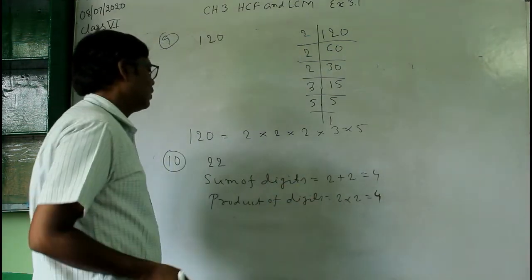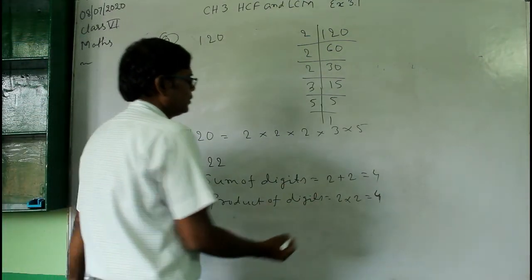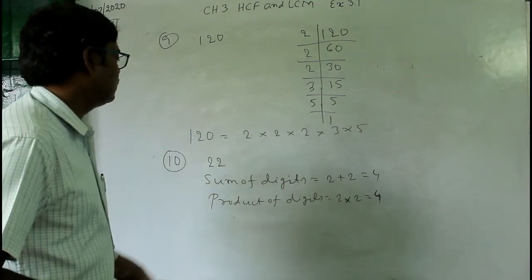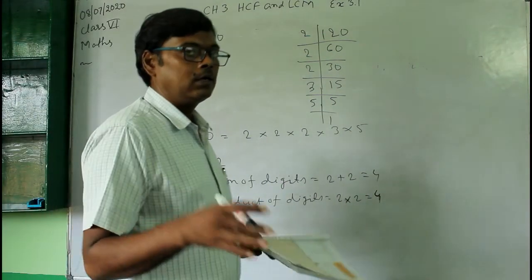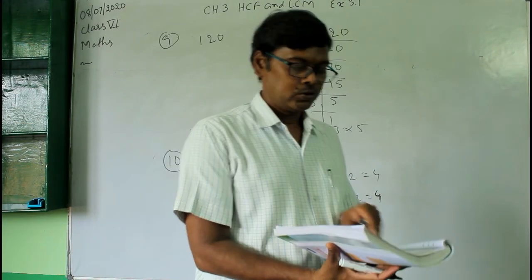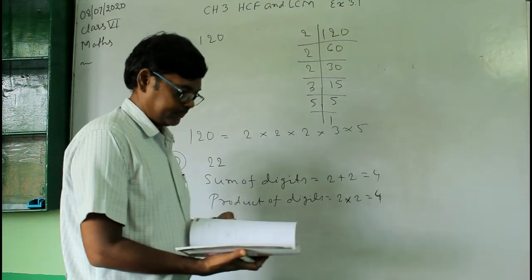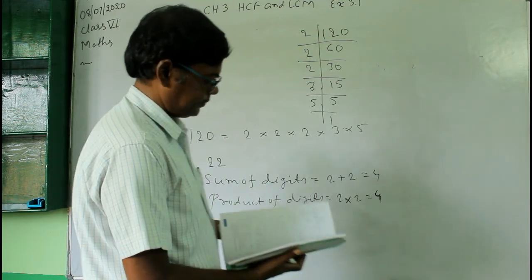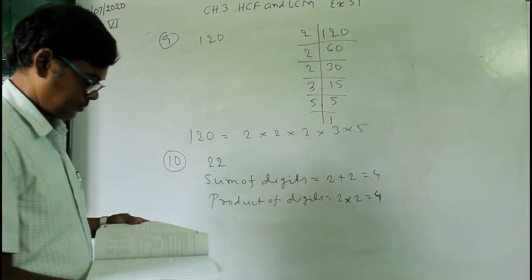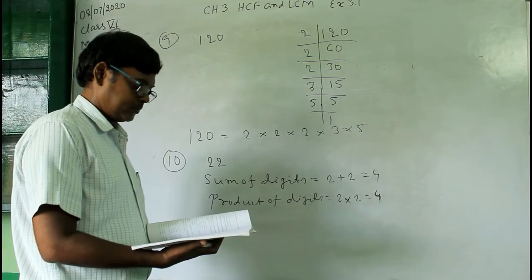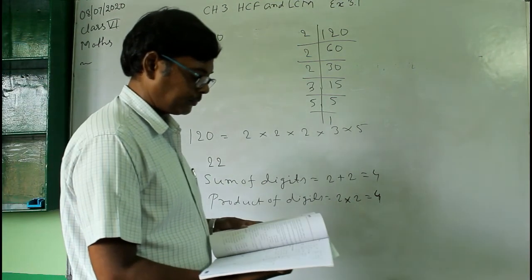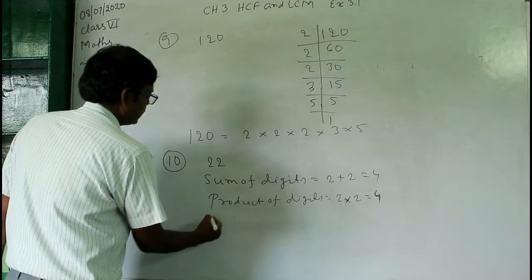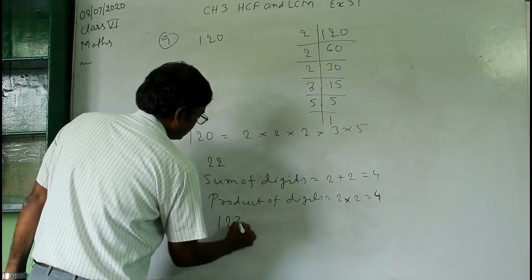You can also have another number, but these types of numbers are very few. Okay, so you have to find out, and in this question your answer may be different from my answer. Like there is also another number given in the book, 1, 2, 3.